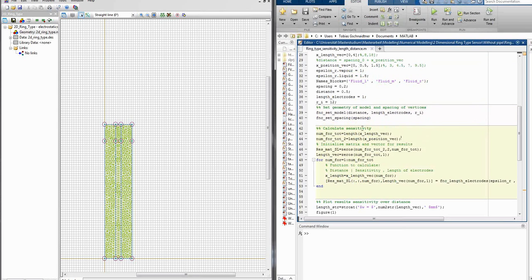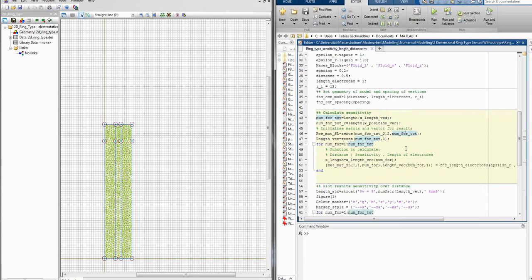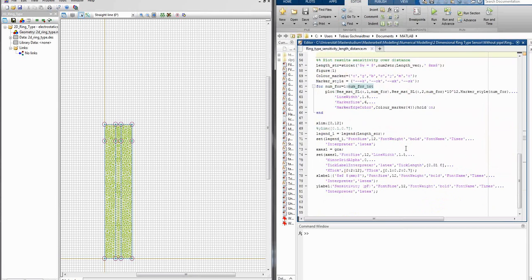In the next step, labeled calculate sensitivity, a serial analysis of the problems is carried out by simulating the specific alterations of the model geometry for the given physical properties. Once all the results of the alterations are calculated, in the last step, labeled plot result sensitivity over distance, the results are plotted in a graph.